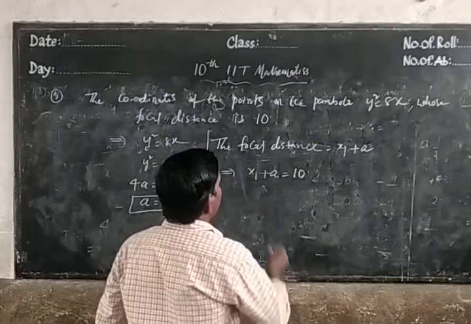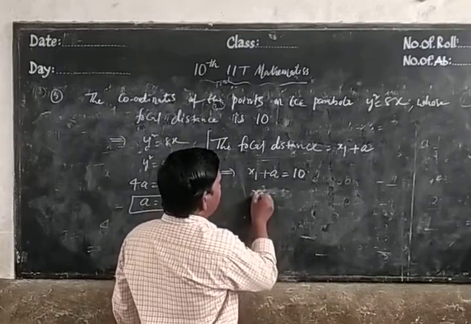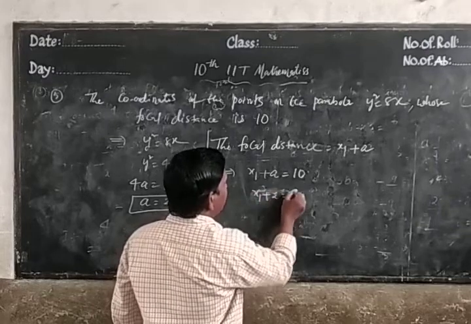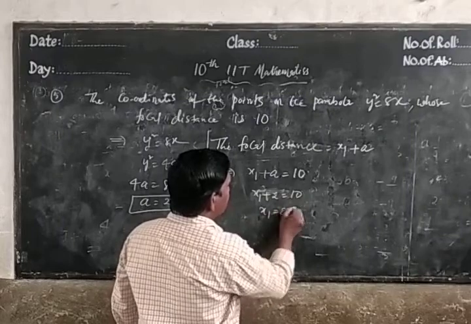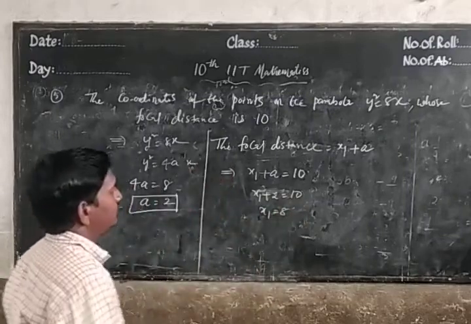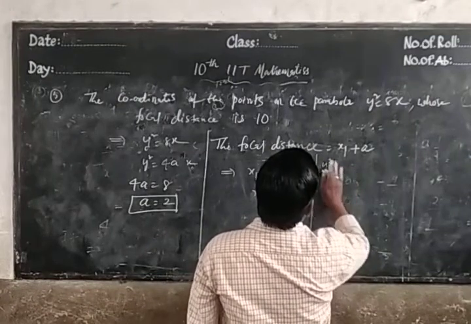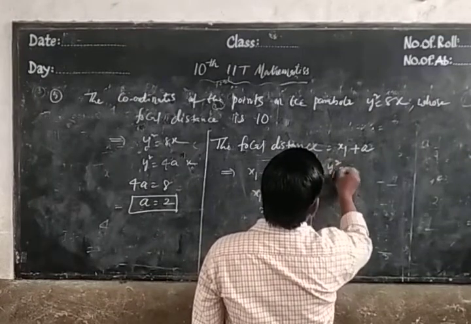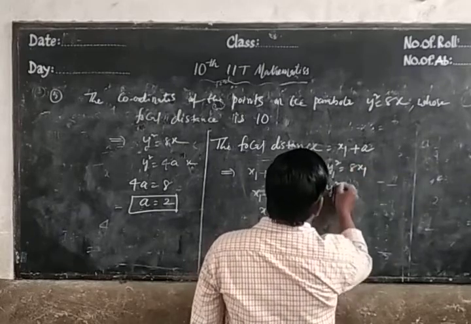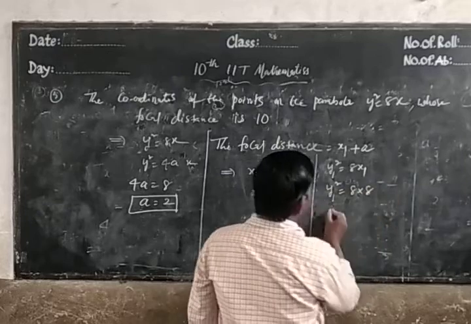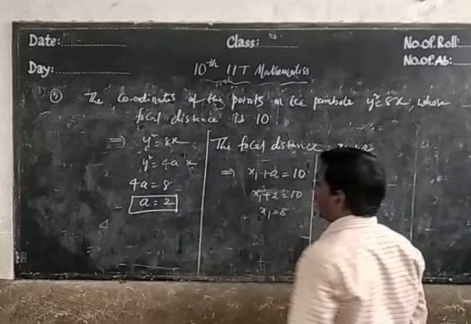So x1 plus 2 equal to 10, x1 equal to 8, 10 minus 2 is 8. So now y1 square is equal to 8x1. y1 square is equal to 8 into 8. y1 equal to plus or minus 8.